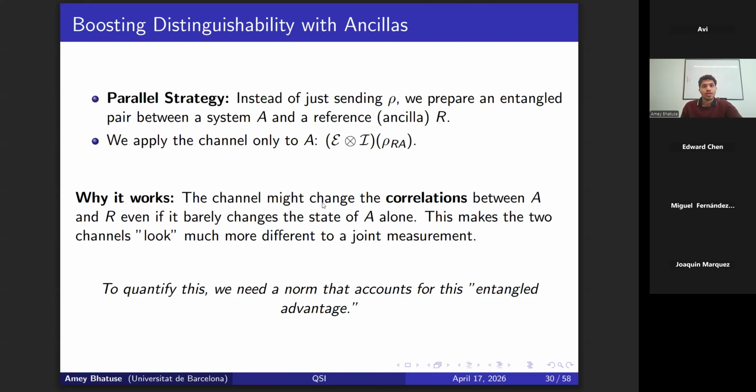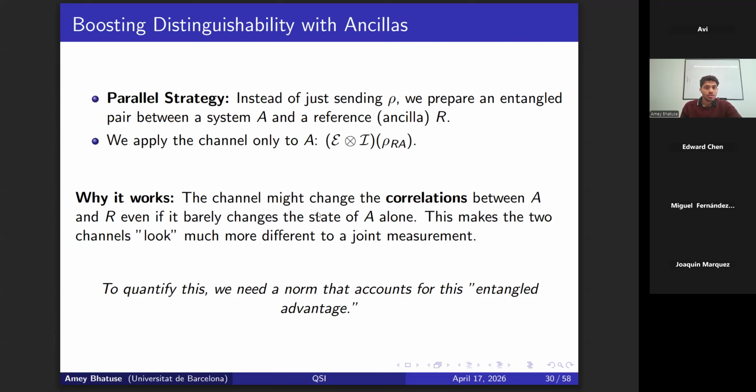So instead of sending just one state, we can prepare an entangled pair between a system and a reference, then apply the channel, and check how different the outcomes are.